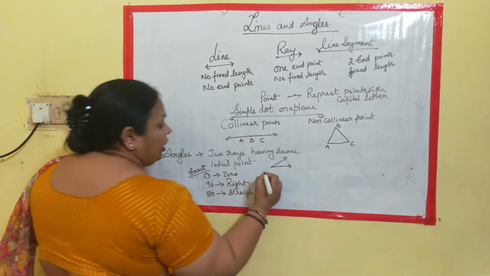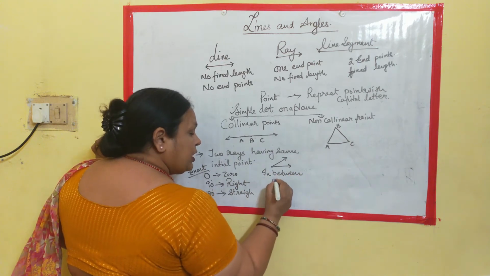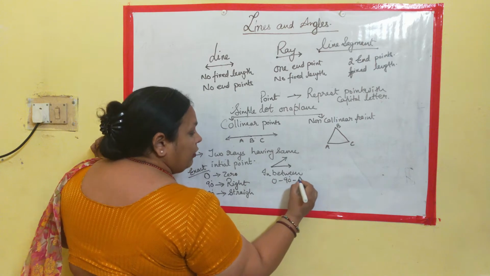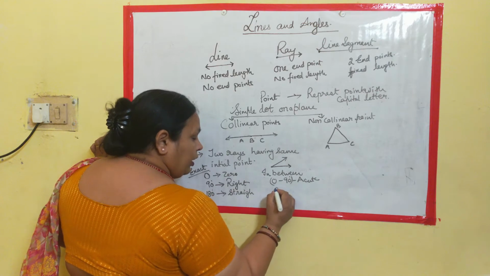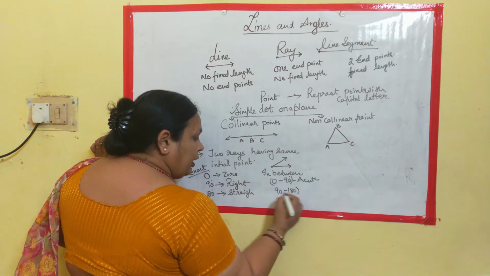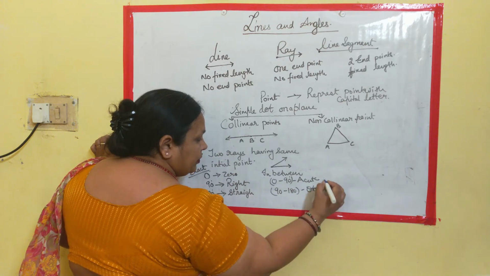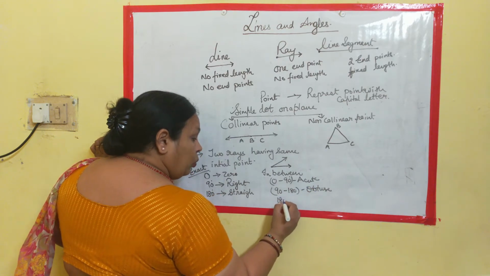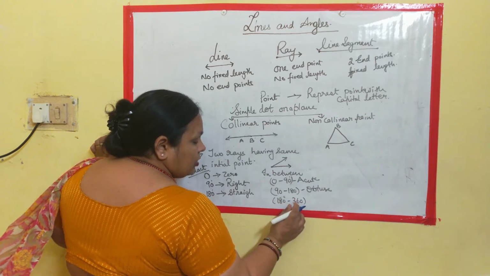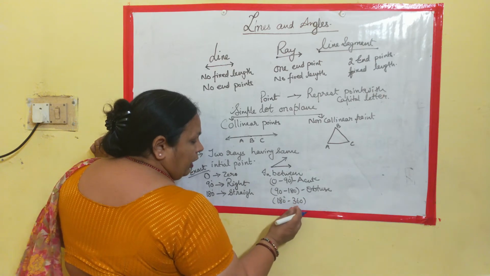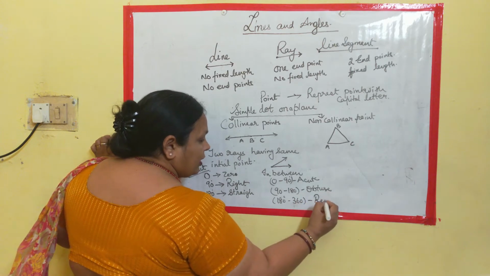When the measure is in between 0 and 90, we give the name acute angle. When it is between 90 and 180 degrees, we call it an obtuse angle. When it is between 180 and 360, more than 180, we call it a reflex angle.